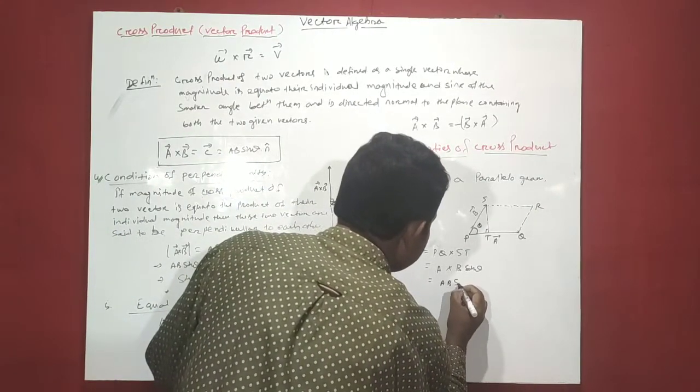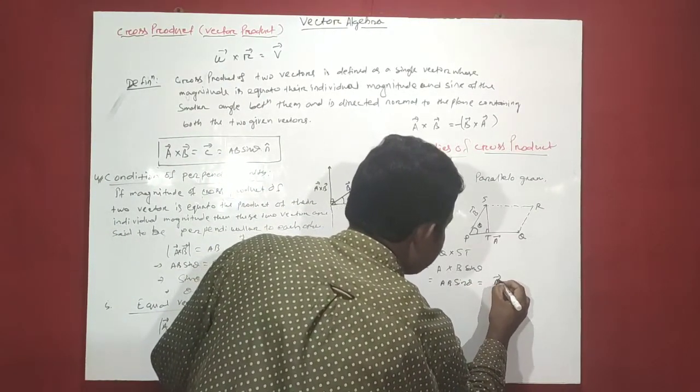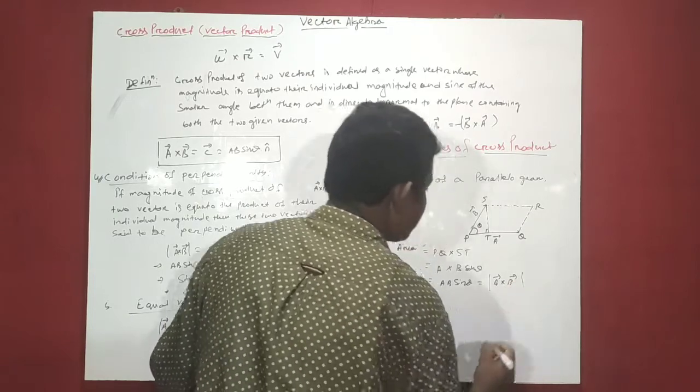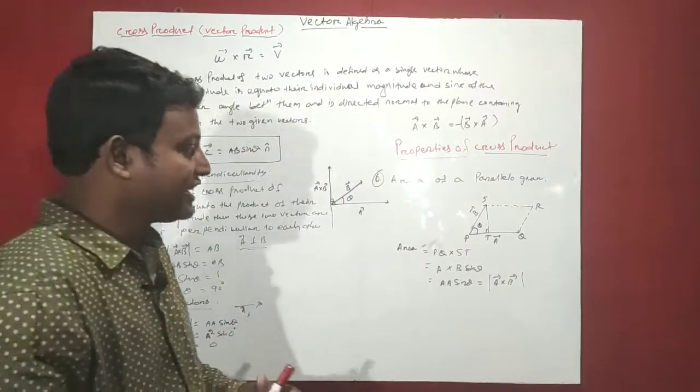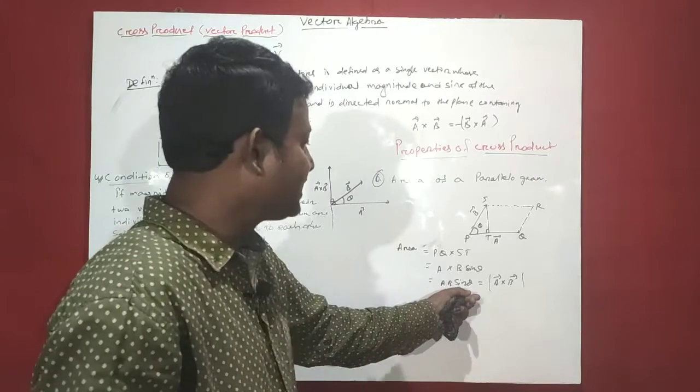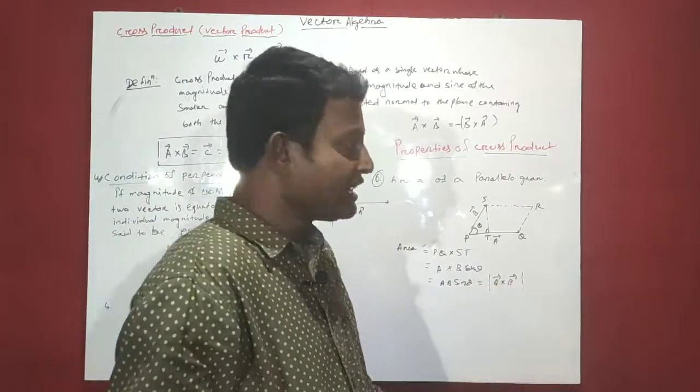So the area is AB sin theta, which means we can write the magnitude of A cross B.